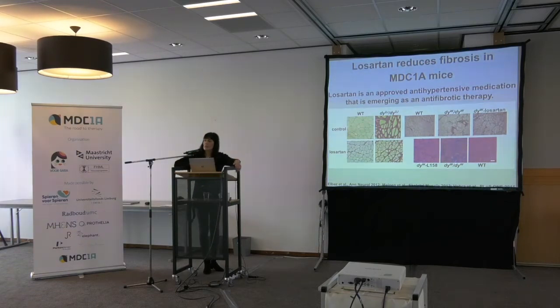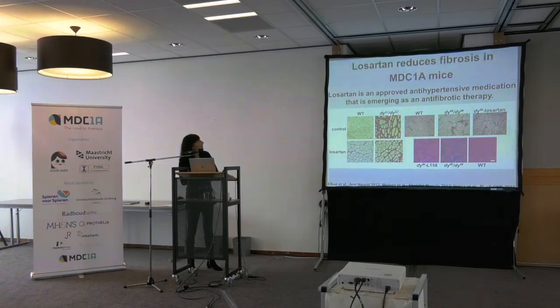Several different research groups have shown that losartan has beneficial effects in animals. This is a study from Joram Nevo's lab in Israel. He's not here today. But here you can see in the DY2J mice, fibrosis is shown in red. There's increased fibrosis in DY2J animals. But when you treat these animals with losartan, there is reduced fibrosis.